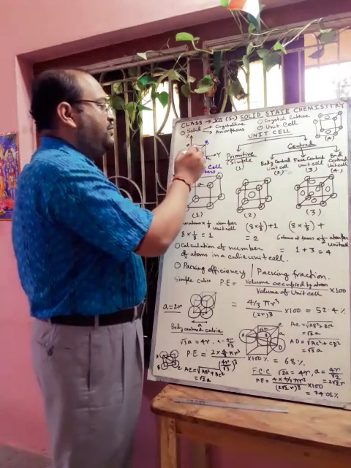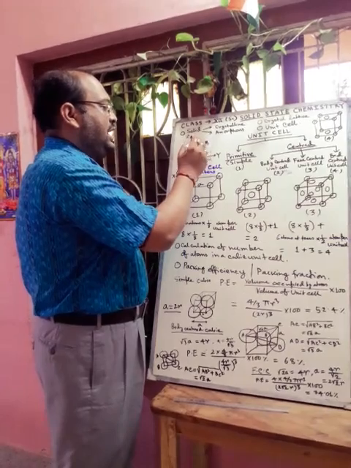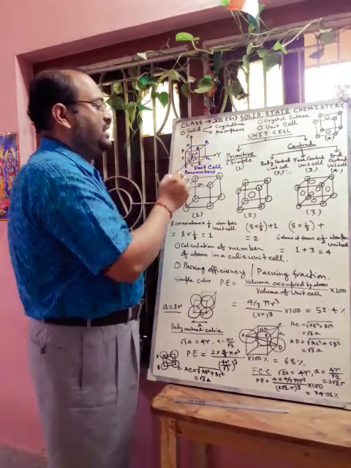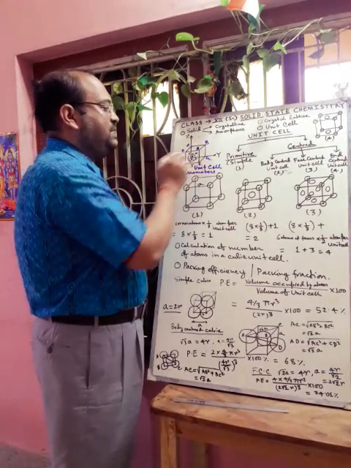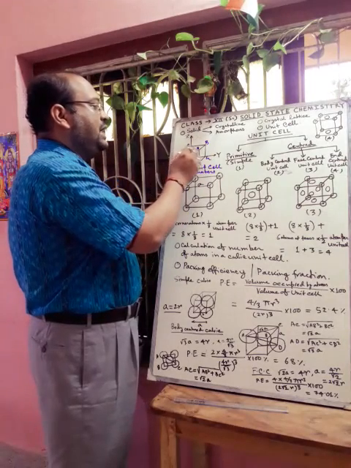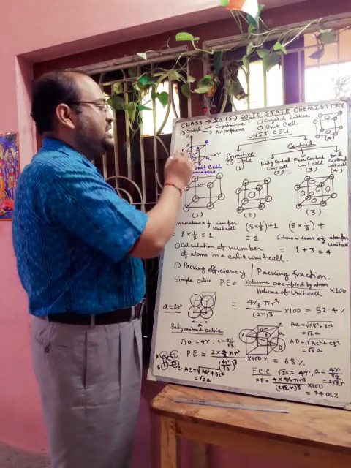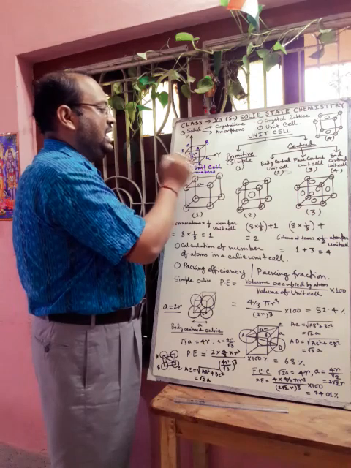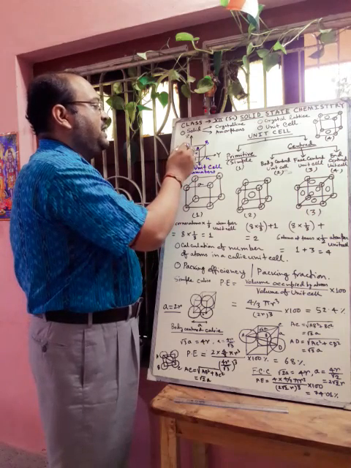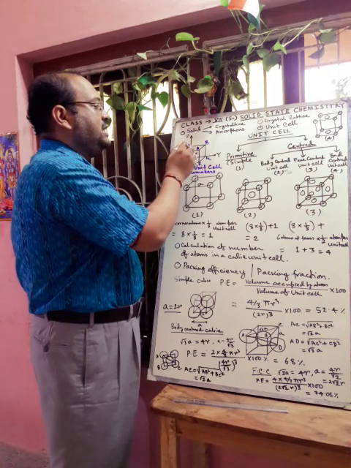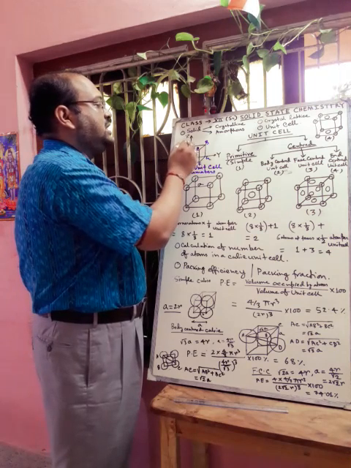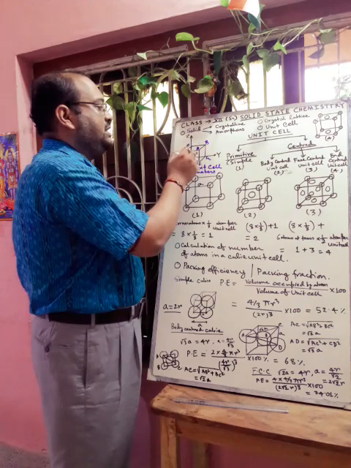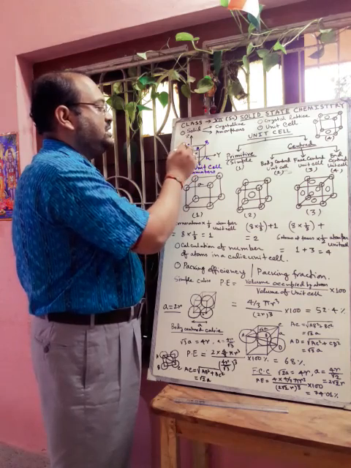Now the plane cuts the y-axis at a distance B, the plane ADEF cuts the x-axis at a distance A from the center, and the plane CDAB cuts the z-axis at a distance C from the center.